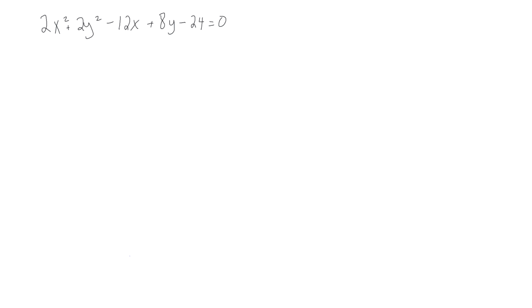Okay, so here we have 2x squared plus 2y squared minus 12x plus 8y minus 24 equals 0. General form, because everything is just multiplied out with no kind of organization. But remember, my formula is x minus h squared plus y minus k squared equals my radius squared.